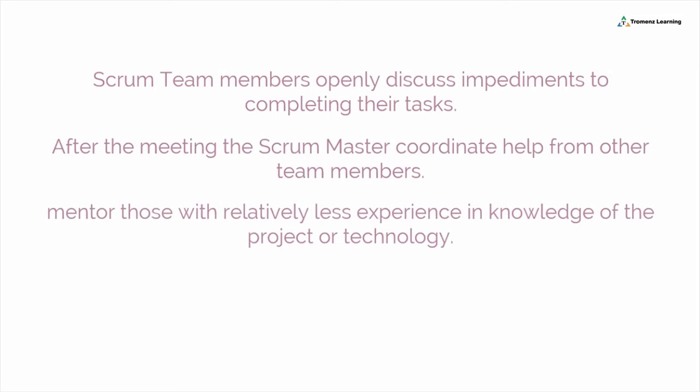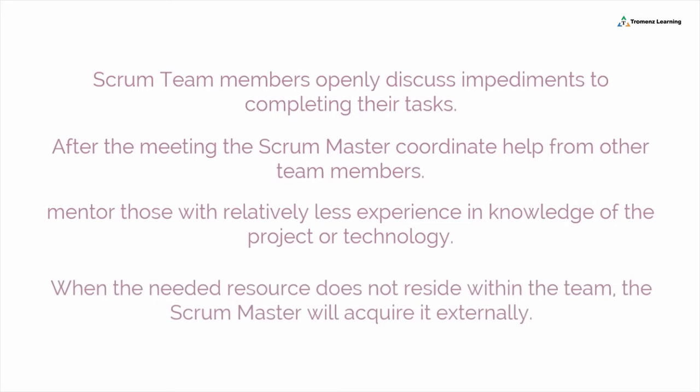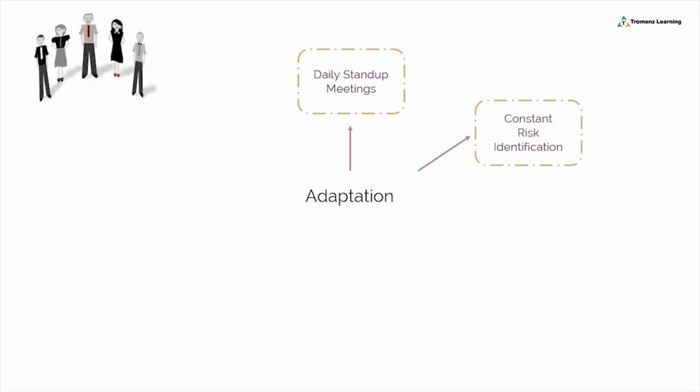More experienced members in the Scrum team also mentor those with relatively less experience and knowledge of the project or technology. When the needed resource doesn't reside within the team, the Scrum Master will acquire it externally. Risk identification is performed and iterated throughout the project. Identified risks become inputs to several Scrum processes.